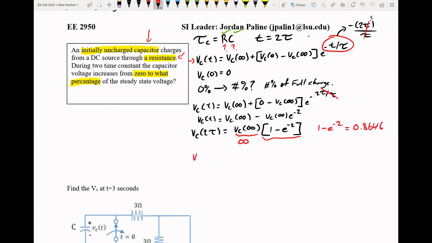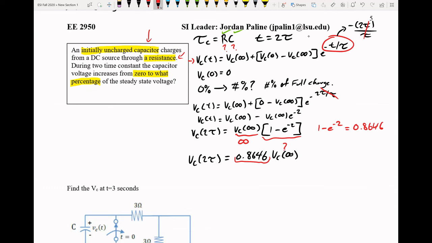So V of C at 2 tau is going to be equal to 0.8646 V of C at time infinity. We don't actually know what V of C at time infinity is, but we do have this little factor in front of it.